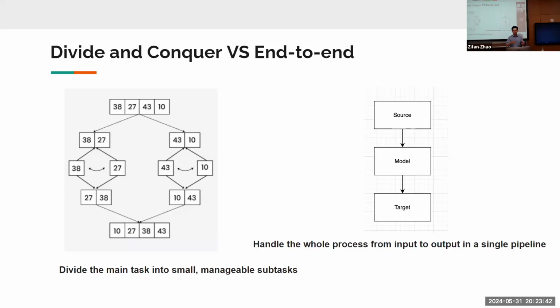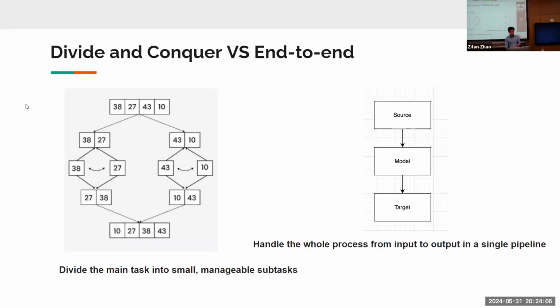After you complete the functions that solve those subtasks, you integrate them back into one major function and then use it to solve your final main task. This is divide and conquer: divide means you divide the main task into subtasks, and conquer means you integrate them back.